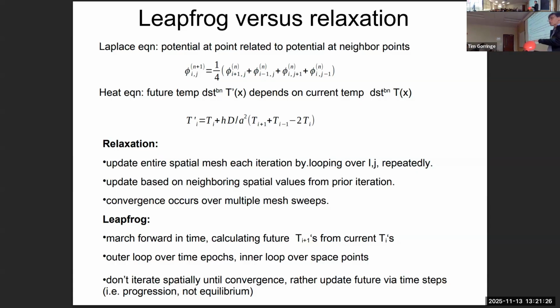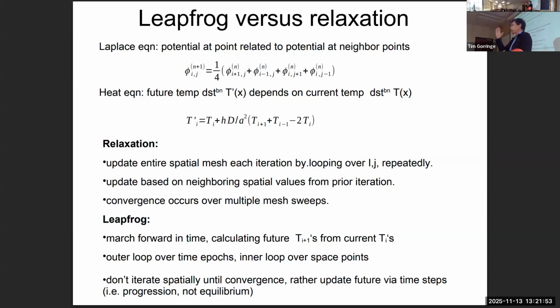That's very different from the leapfrog method. In the leapfrog method, we're sweeping through the space-time grid only once in a very prescribed way. So we just sweep through that space-time grid. Remember my plot of it, from the left-hand side at early times towards the right-hand side at later time.